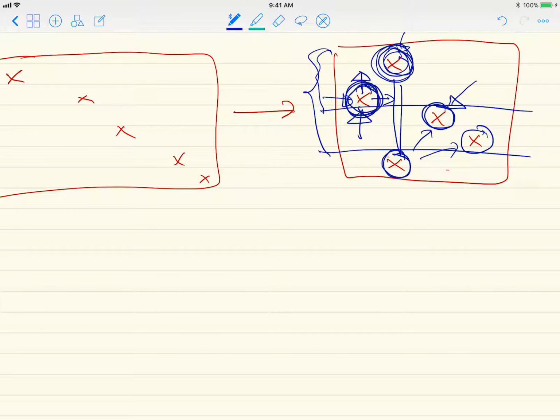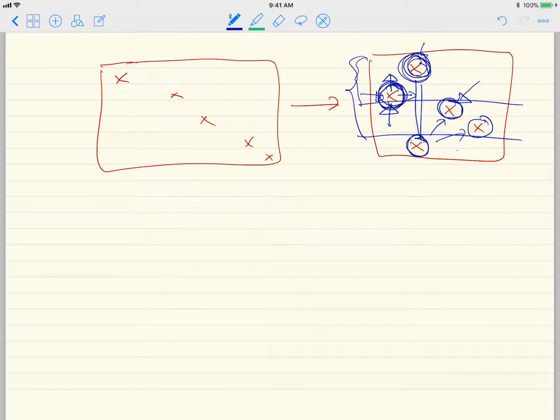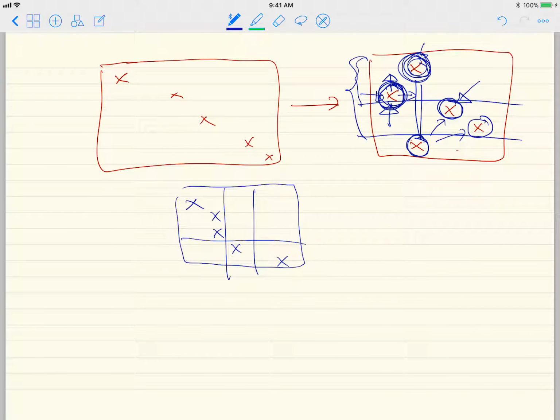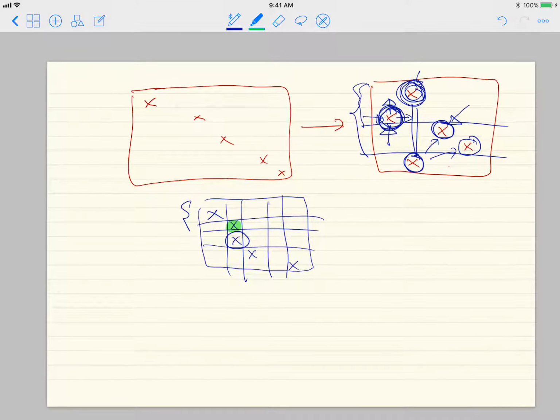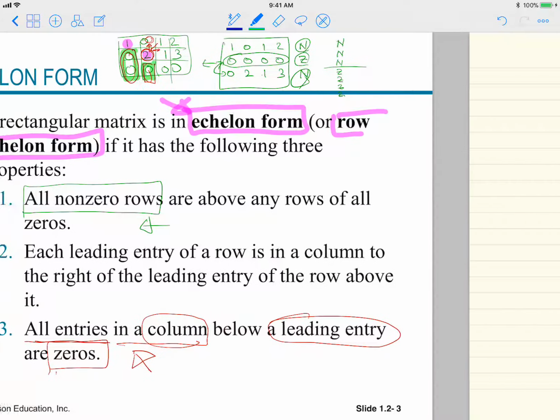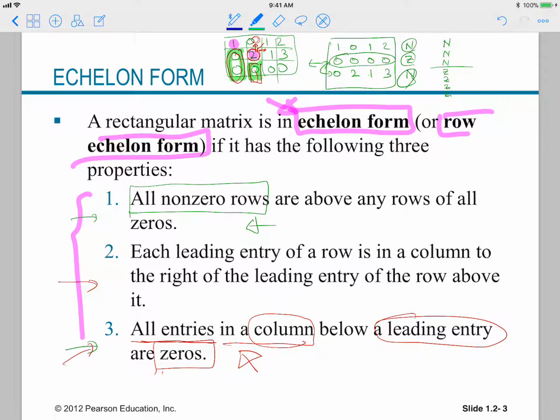So for example, like this. If we pick this and look at these rows, we find this one is violating the second condition. So these three are the requirements to satisfy the echelon form.